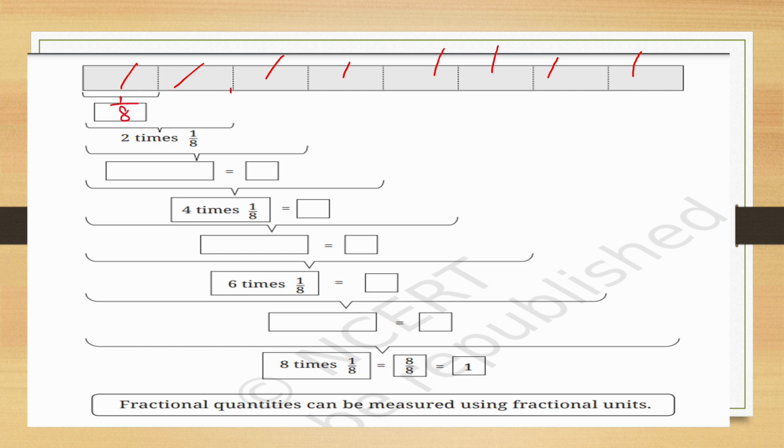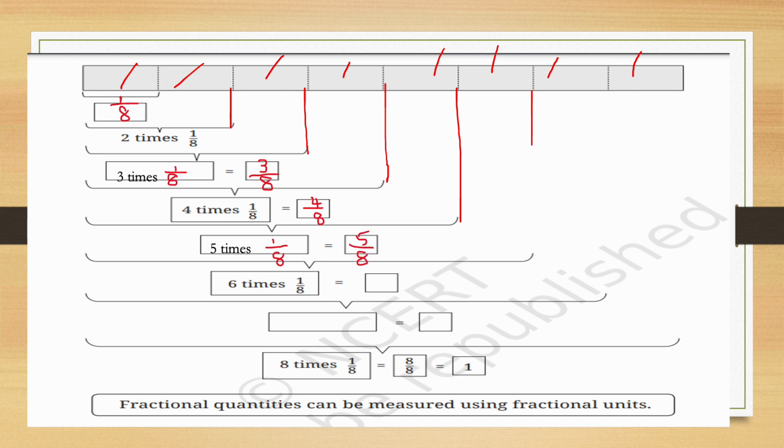Then, if you take 2 parts, then it is 2 times 1 by 8. If you take 3 parts, it is 3 times 1 by 8, that is 3 by 8. If you take 4 parts, then it is 4 times 1 by 8, that is 4 by 8. If you take 5 parts, it is 5 by 8.